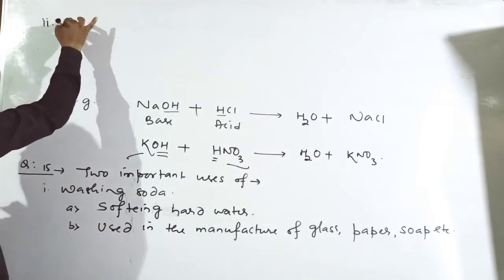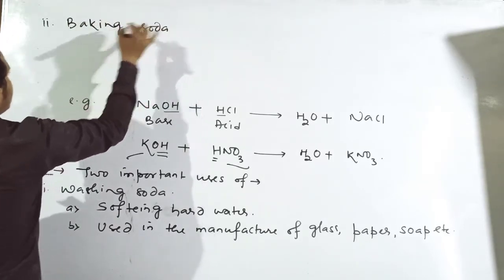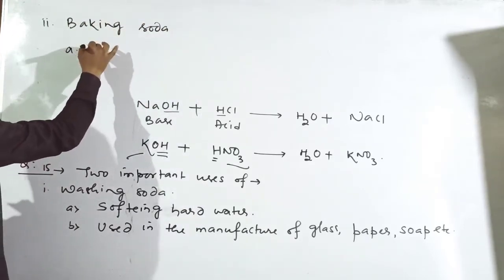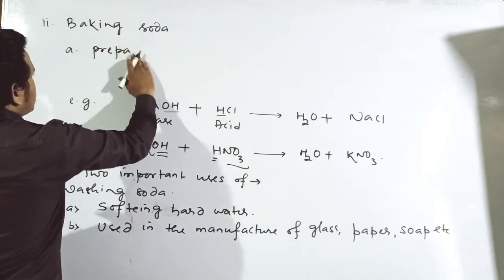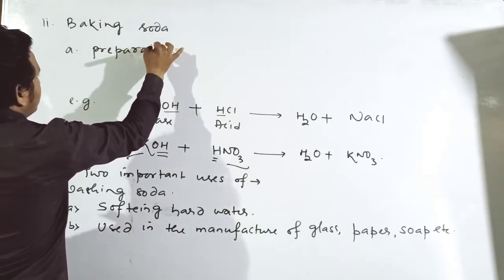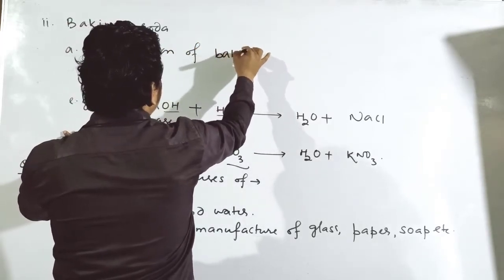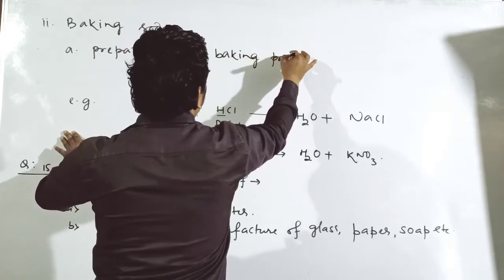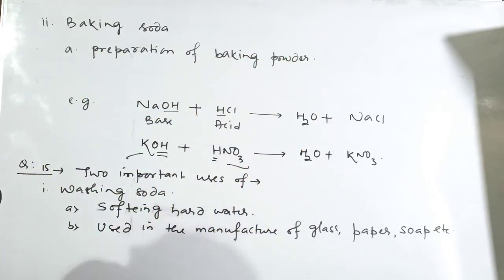Second number, baking soda. So it is used first in the preparation of baking powder. Why? Because baking powder is a mixture of baking soda and tartaric acid.